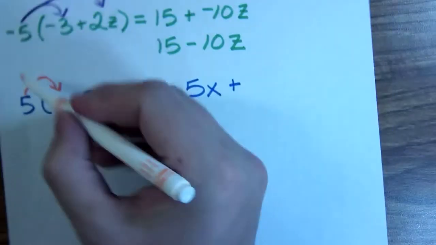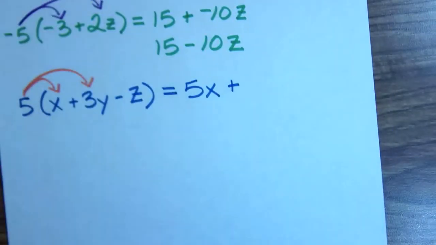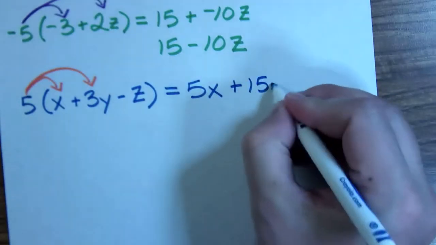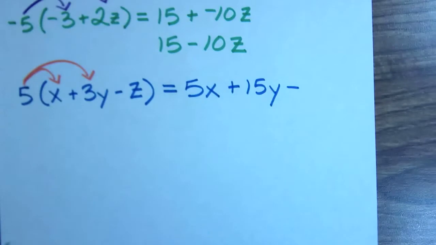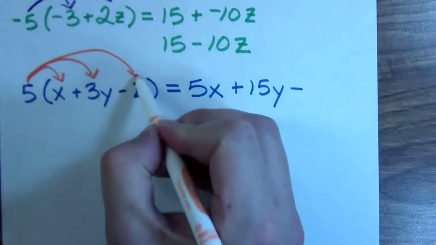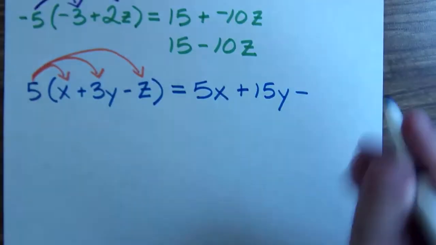Good, 5 multiplied by 3y is 15y. And then negative 5z, minus, good, 5 multiplied by z, 5z.